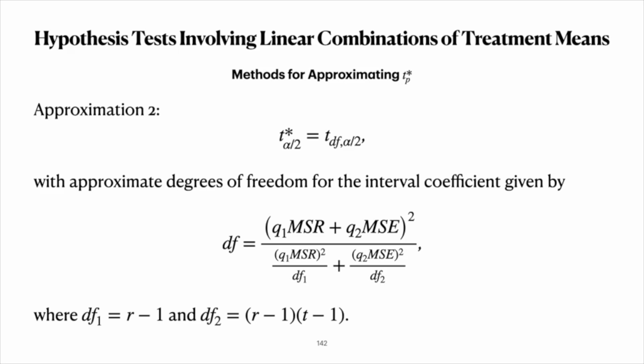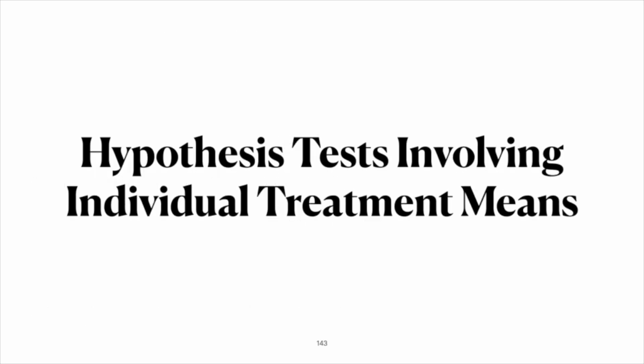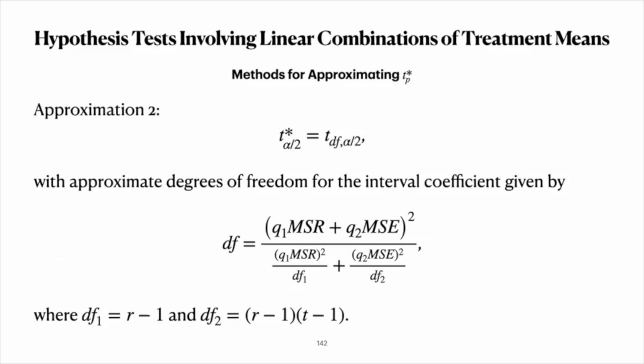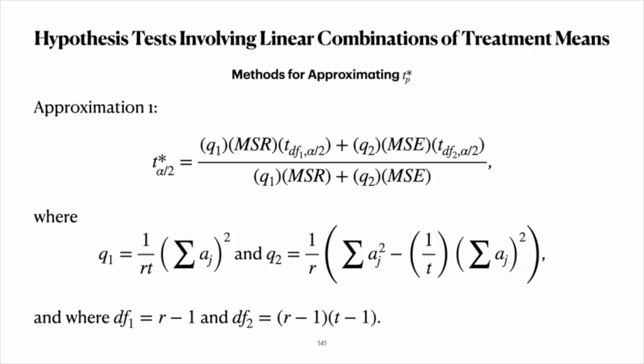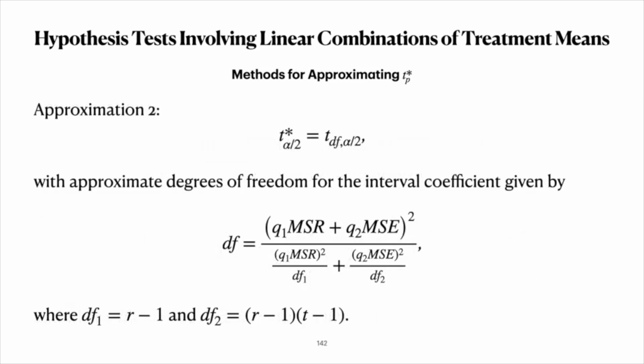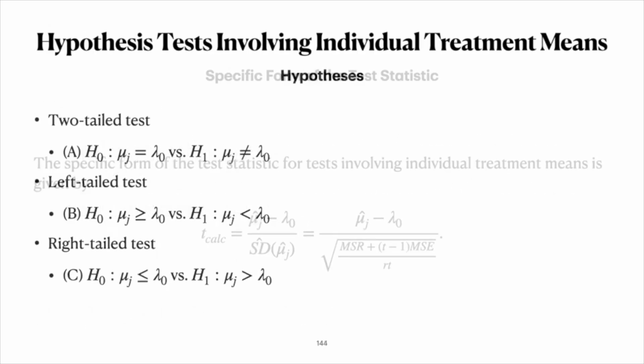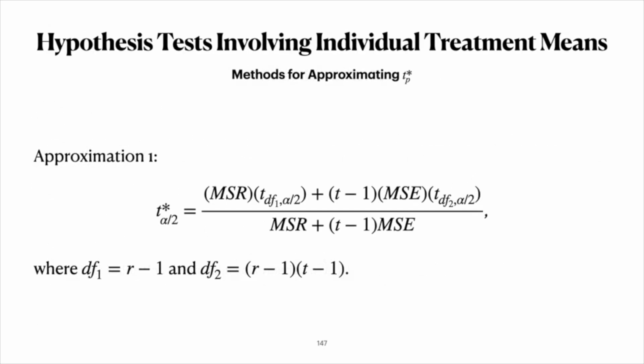Now, in this situation where we're looking at just one treatment mean, obviously one of the coefficients is going to be 1 and the rest are going to be 0. What that results in is that these expressions for Q1 and Q2 are simplified, and things cancel out. So when we look at that, this is what we get.